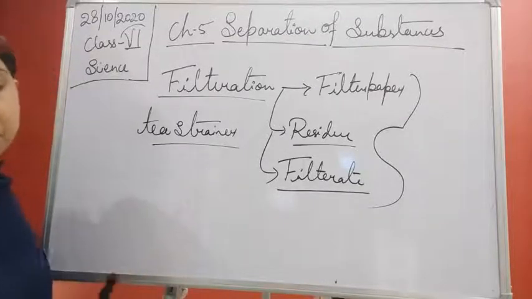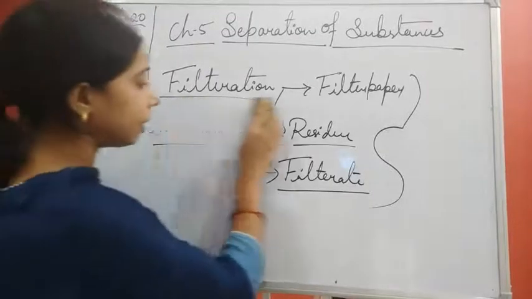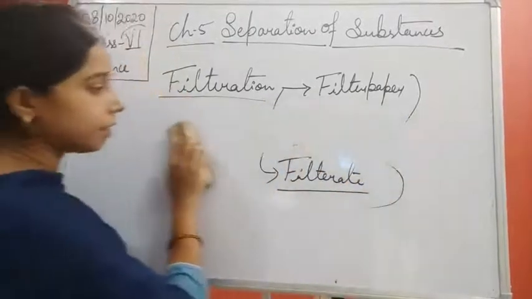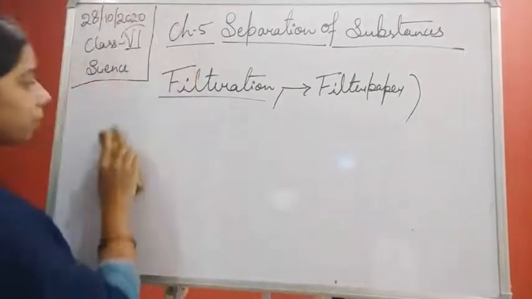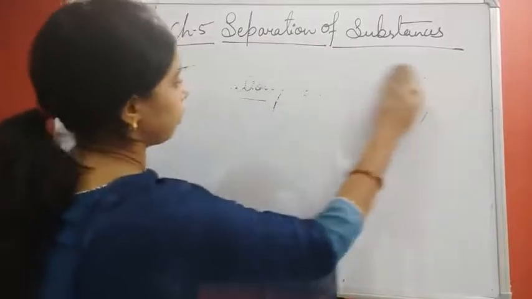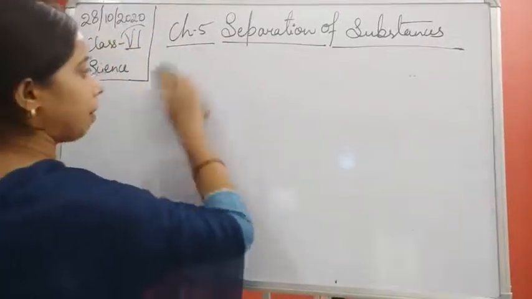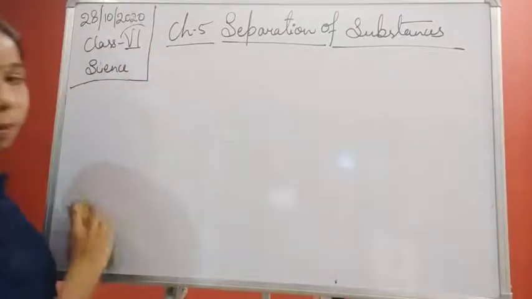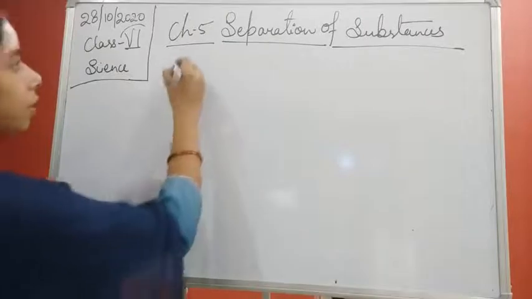Okay. Now let us move on and try to understand another kind of separating technique. So the next separating technique which is very important, students, is evaporation. Let us try to understand evaporation.